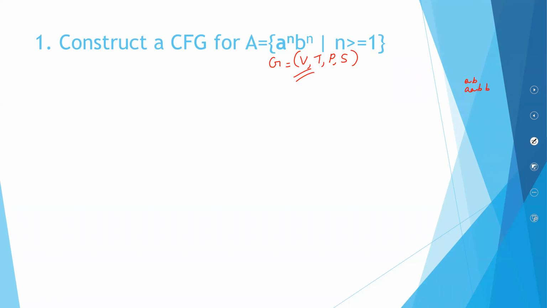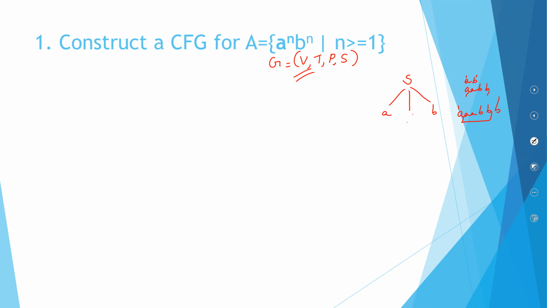Now the easiest way to construct a grammar for a given language is to try drawing the parse tree. From the parse tree, you can write the grammar or vice versa, whichever you feel easy and comfortable. Now, you can have a start symbol called S. If you take any string, the beginning and the ending should be A and B. In between, you can have again A's and B's.